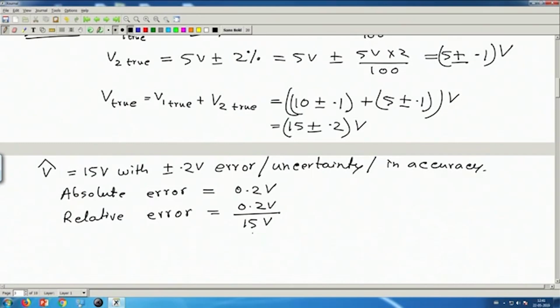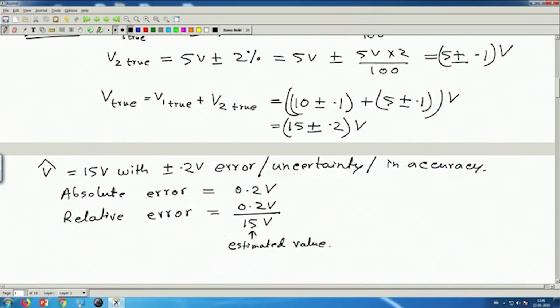Here 15 means the estimated value or measured value, not the true value. So in this we are using the definition that relative error is absolute error divided by the estimated value.